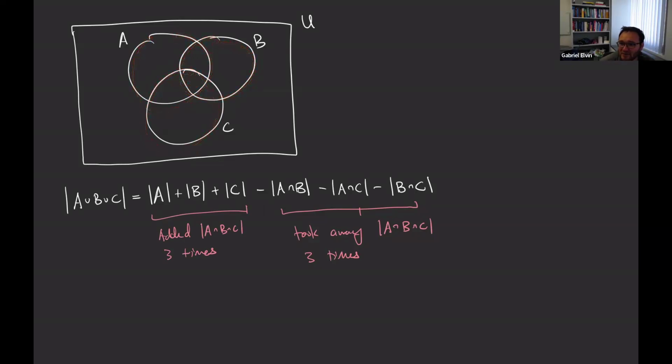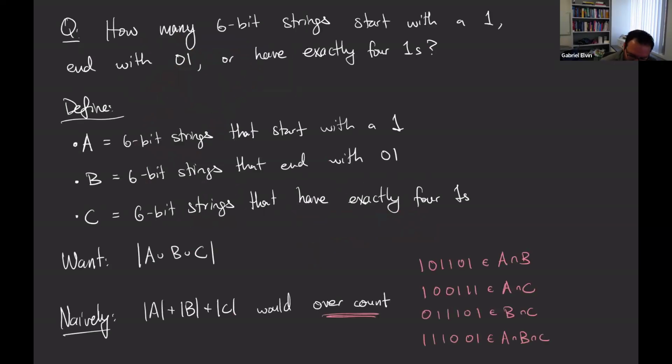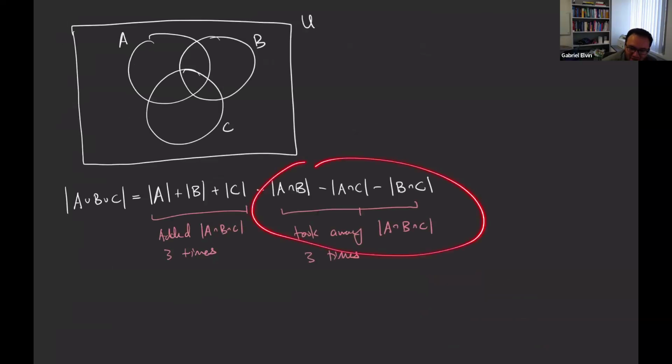So anything in here would just have been counted 3 times. And then when we subtracted, we took it away 3 times, but that means we didn't count them at all. We added 3 times those contributions, then we subtracted 3 times those contributions. So we have to put it back. We have to put the right number back. So we have to put back exactly 1.